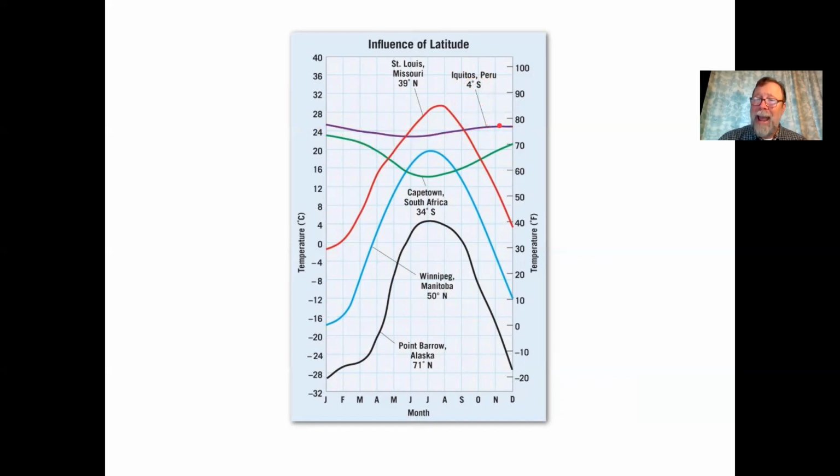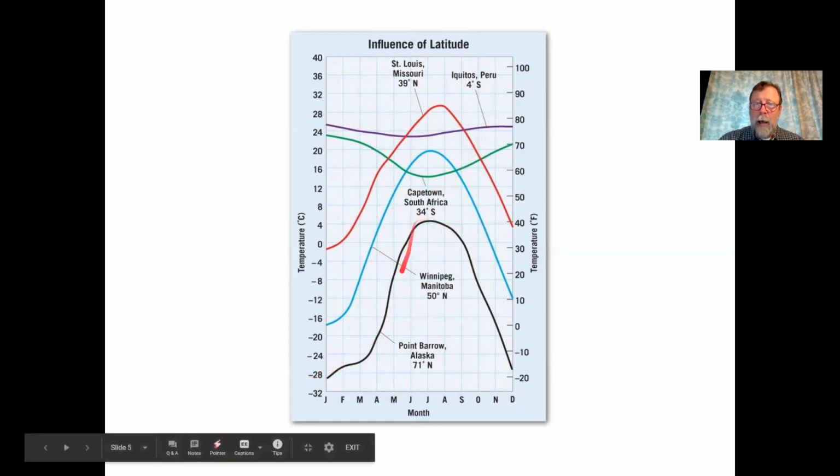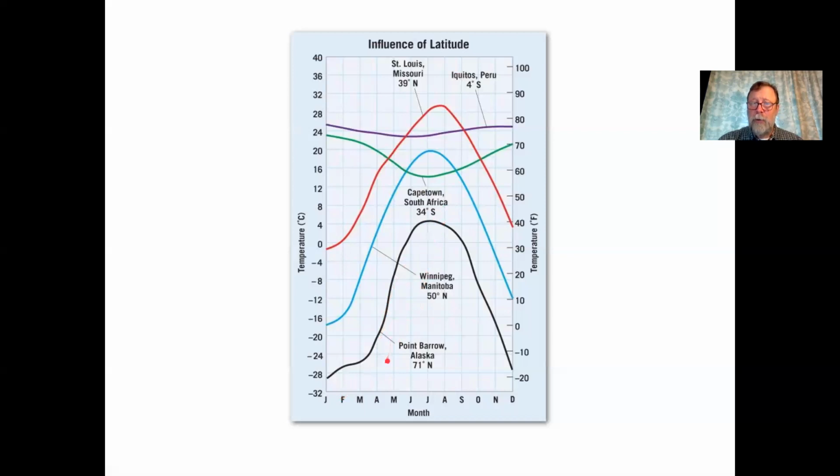A very low annual temperature range. The highs and the lows during the course of the entire year, the difference is very small. What about Winnipeg, Manitoba, or Point Barrow, Alaska? This is a very high annual temperature range. The highs are very high compared to the lows. The difference is the annual temperature range.